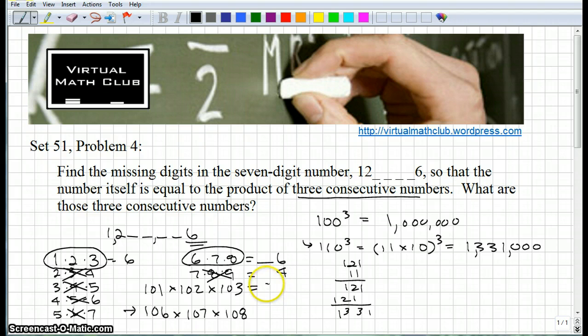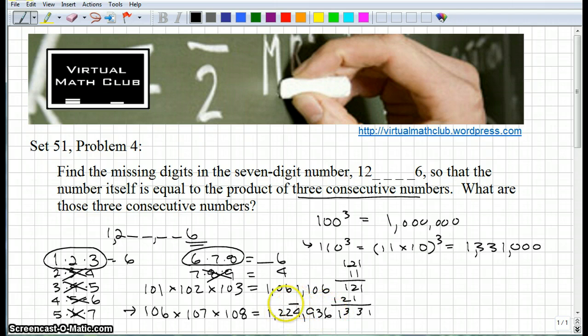If we multiply this out, we get 1,061,106, which obviously isn't going to work because the 100,000s place should be a 2. Now let's check this one. When we multiply that out, we get 1,224,936.